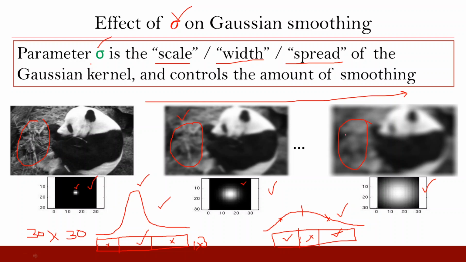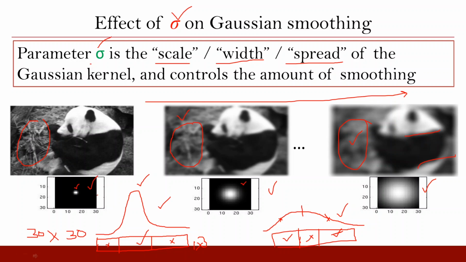As you see here, when you have a very big sigma, the small features have completely got lost, and even the boundaries of the big features have got very much smeared. So in summary, if you have high sigma, you will get more smoothing. That means you will only be able to retain the big features. Small features will certainly disappear.